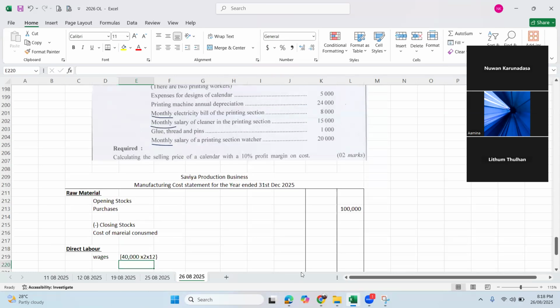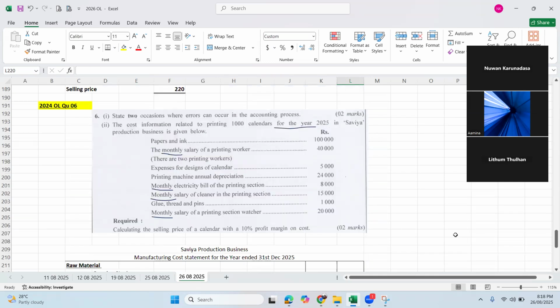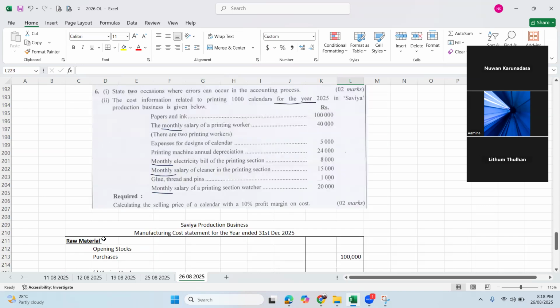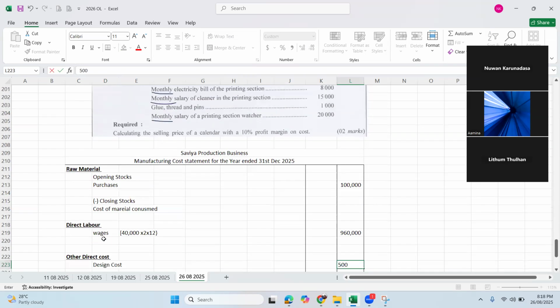For the year you must take it. Equals 960,000. Then expense for the design of the calendar, other direct cost, designing cost, 5,000.